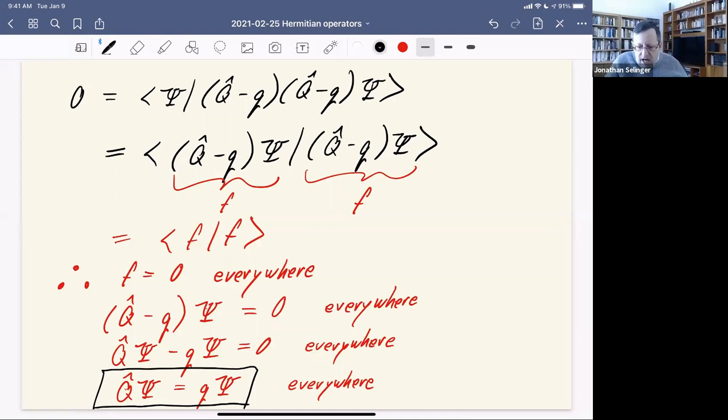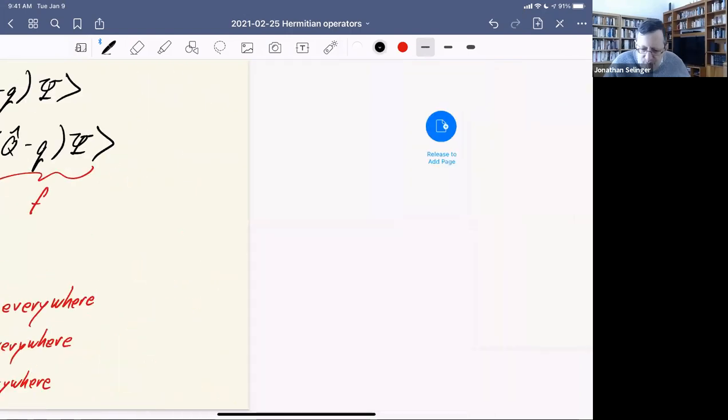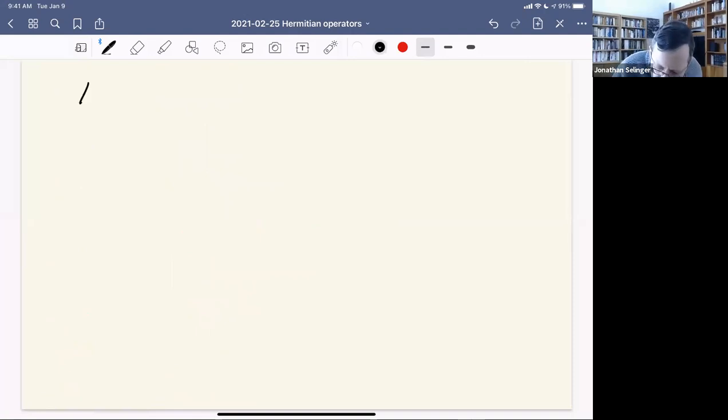That the operator acting on the state is just a number times the state. This is a mathematical relationship which goes by the name of an eigenvalue relationship.